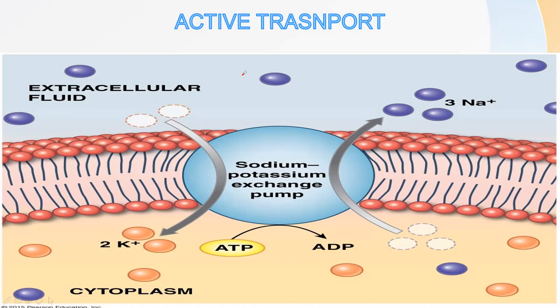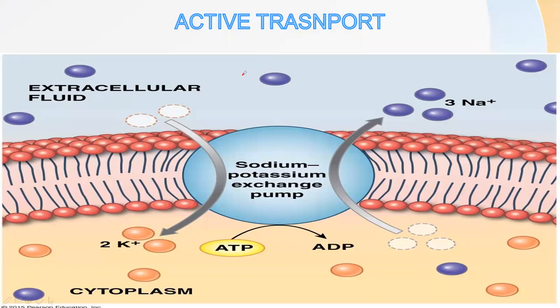Sodium ions are concentrated on the outside of the plasma membrane, while the potassium ions are concentrated on the inside. So this concentration difference leads to the movement of both sodium and potassium ions.